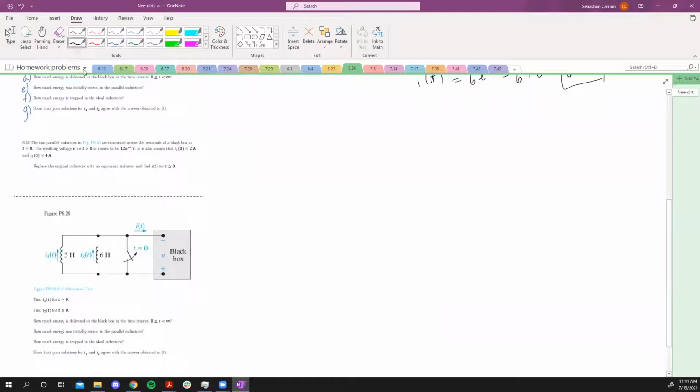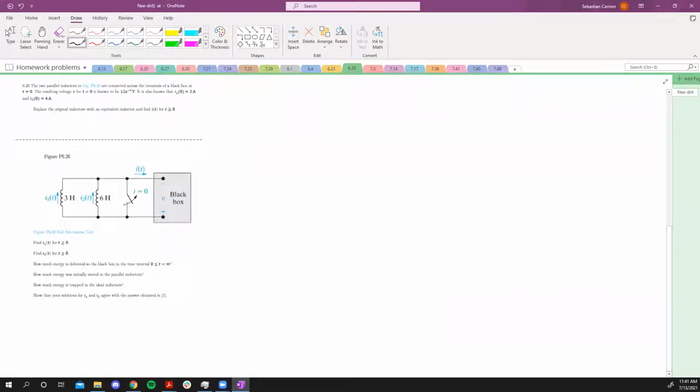Now it's asking, find I1(t) for t greater than or equal to 0, right?